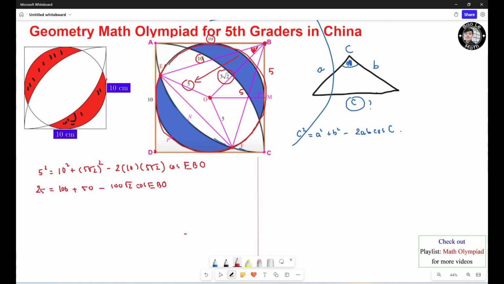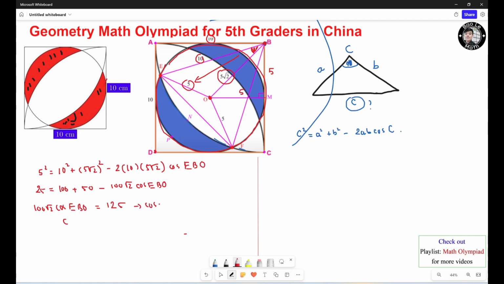Now we simplify: 100 plus 50 is 150. We move this one to the left and this one to the right, so I have 100 root 2 cosine EBO equals 150 minus 25, which is 125.